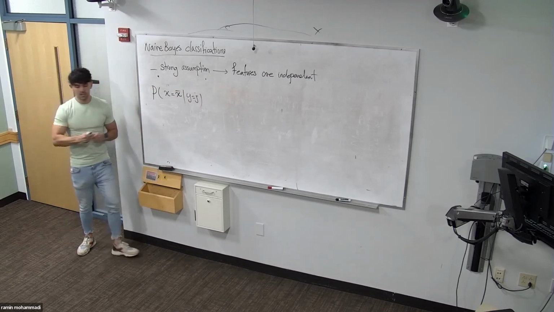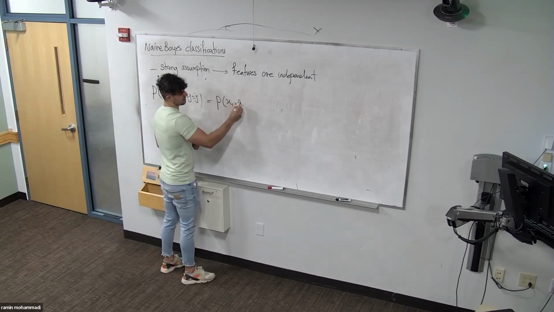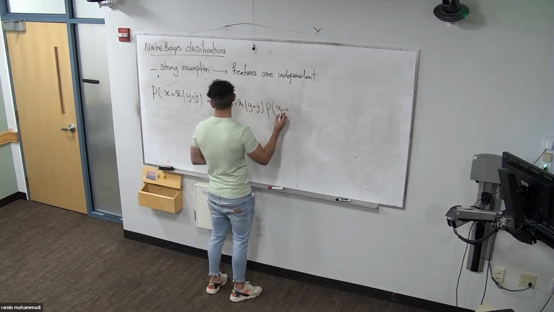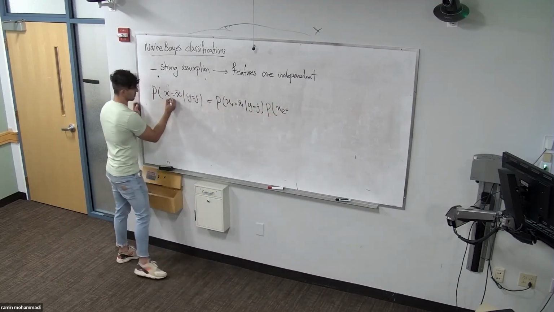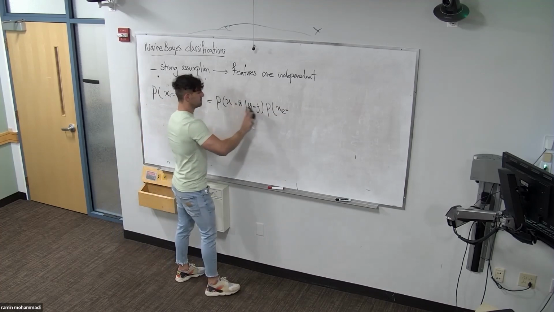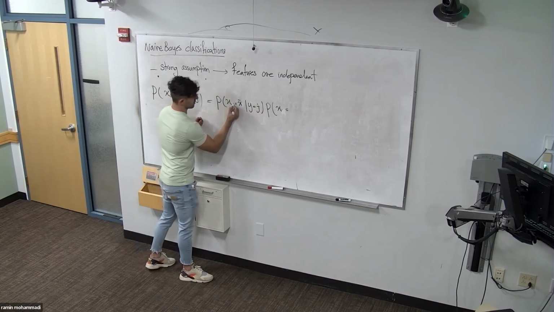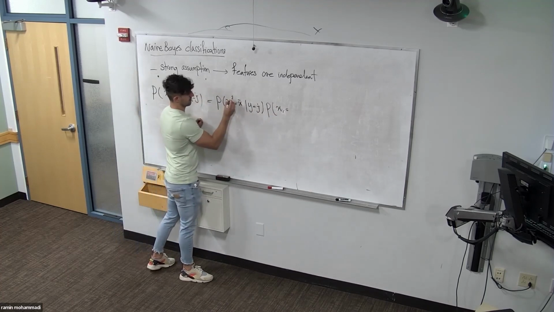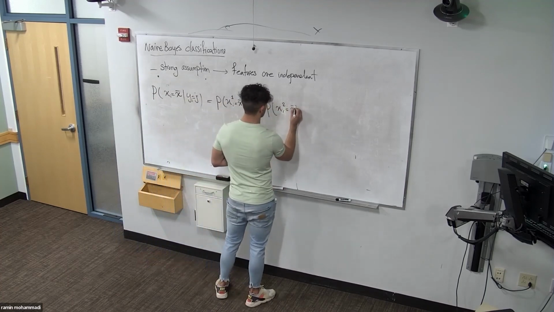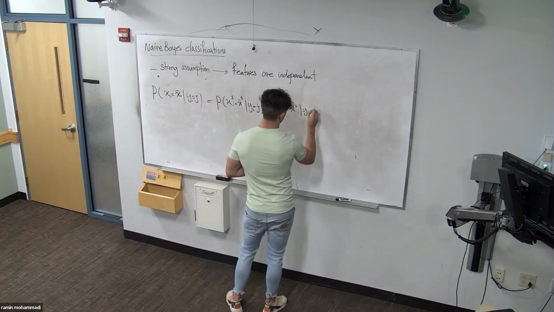So this is simply the probability of X1, that dimension 1 has this value, times the probability of dimension 2, and so on, for data point i.